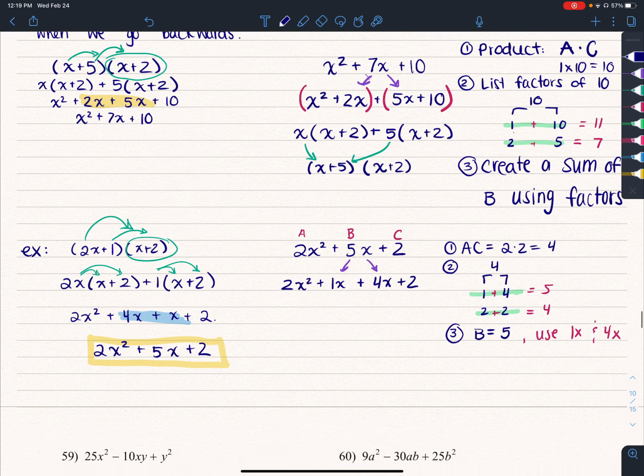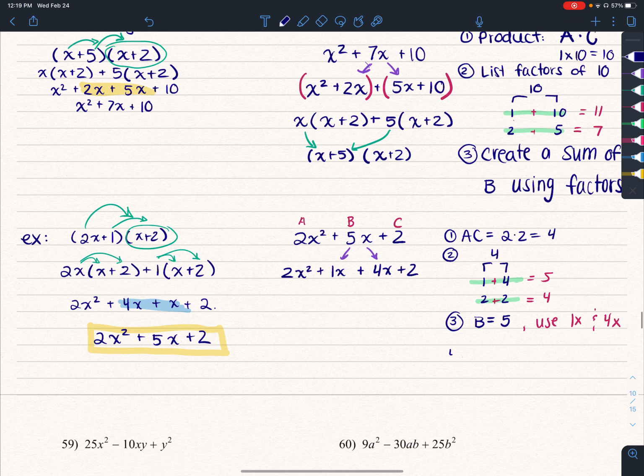So I'll put the list of the full steps now. Step 4 is replace B. And step 5 is grouping. So now we factor by grouping, and those steps we already have. So here we're going to pull out an x.